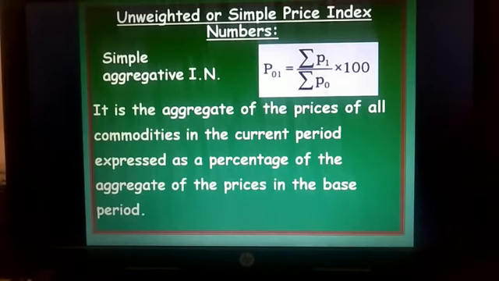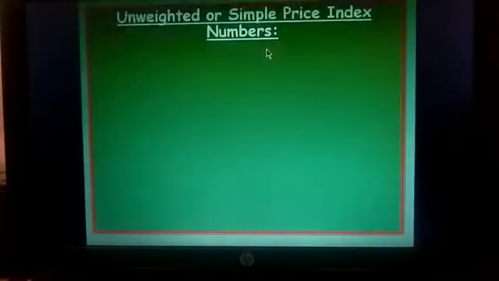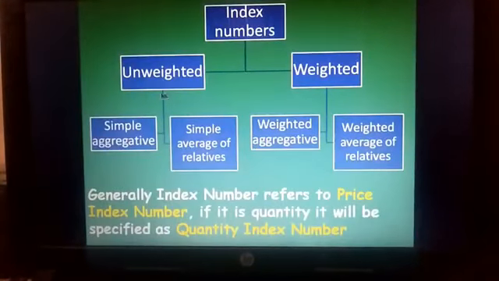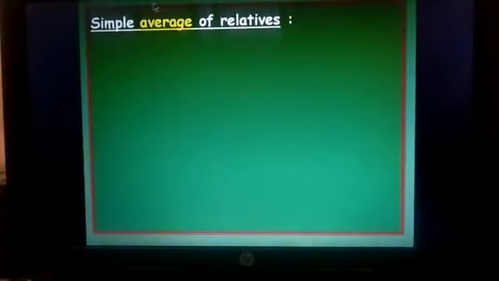So next, simple average of relatives. Now we are considering this. Look at this. So we have considered unweighted, the simple aggregative, which we have already learnt. Now we will be considering simple average of relatives.